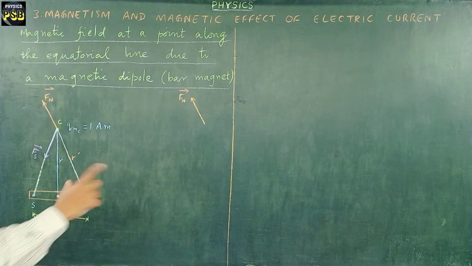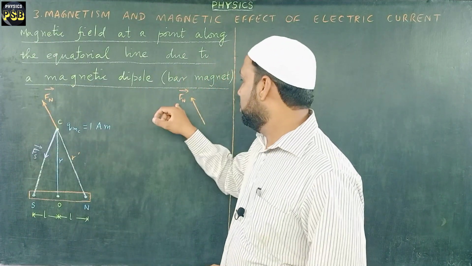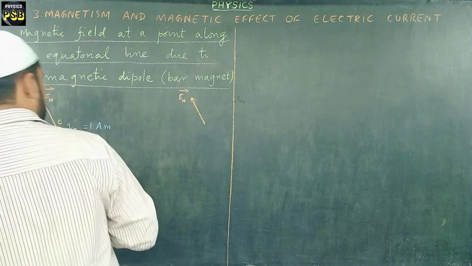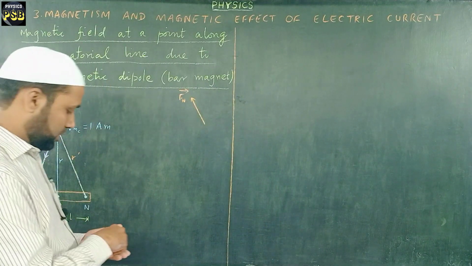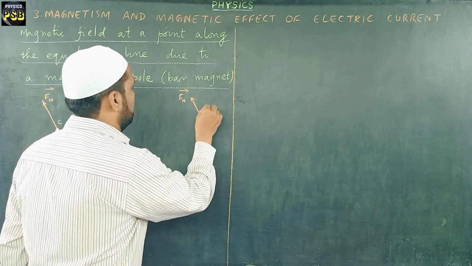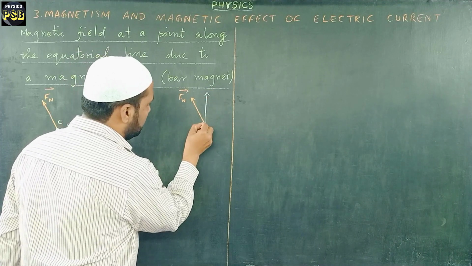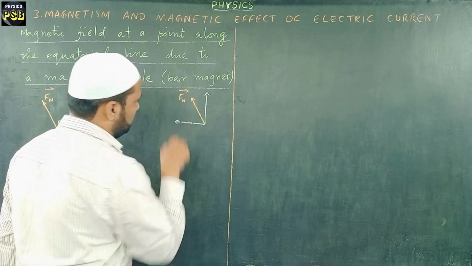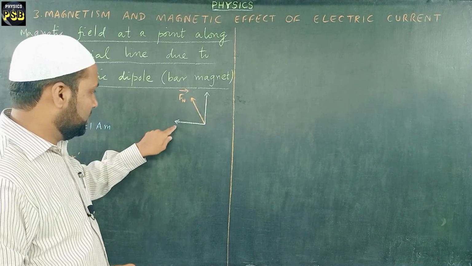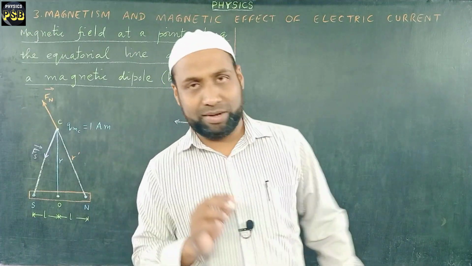I am going to find out the component of Fn vector, shown by this and this line. This is the vertical component of Fn vector and this one is the horizontal component of Fn vector.